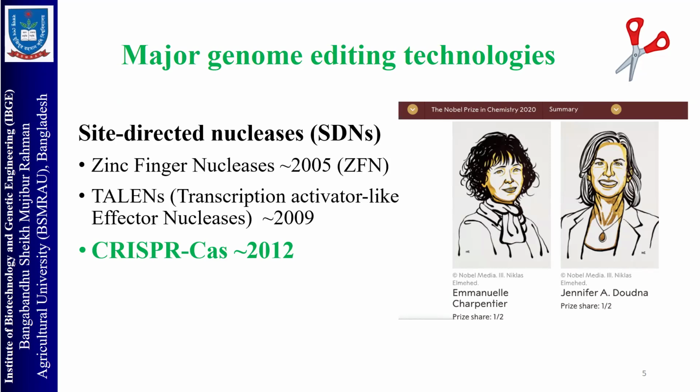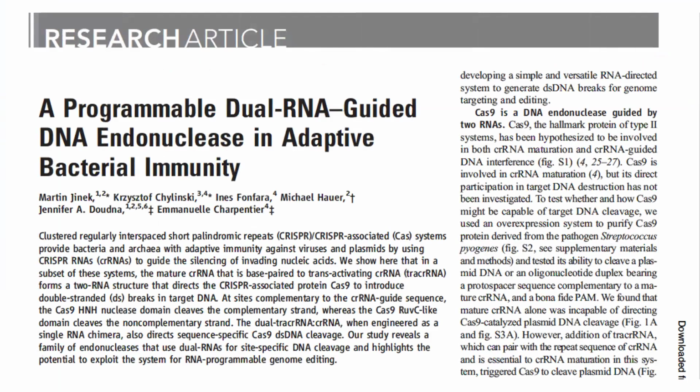By using this method, you can edit the genetic code more easily than the other methods. It is the paper published in 2012 in Science, which is the revolutionary paper, a programmable dual-RNA-guided DNA endonuclease in adaptive bacterial immunity.